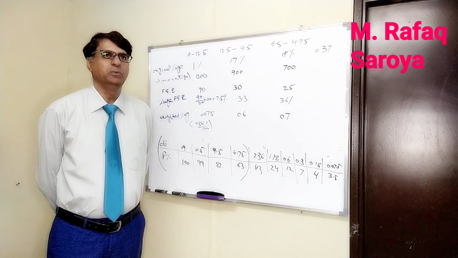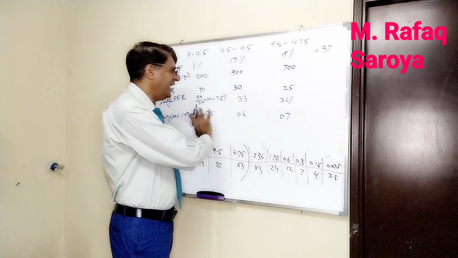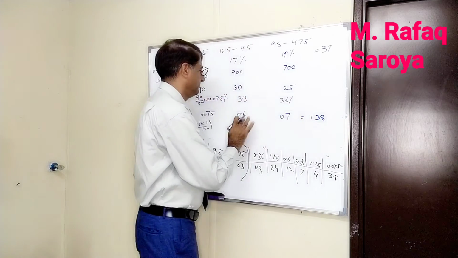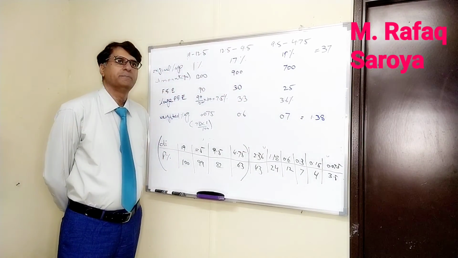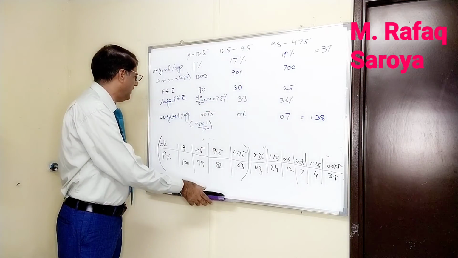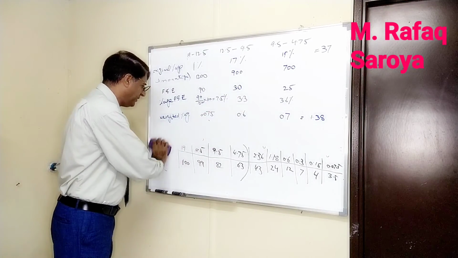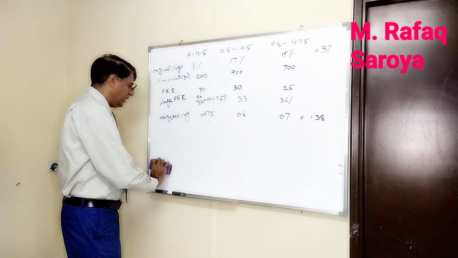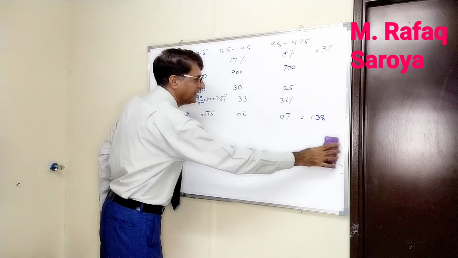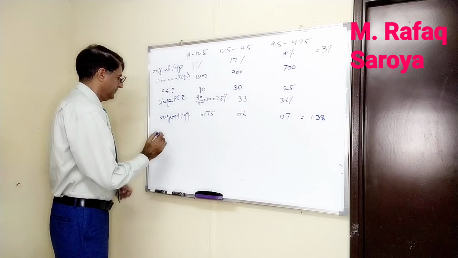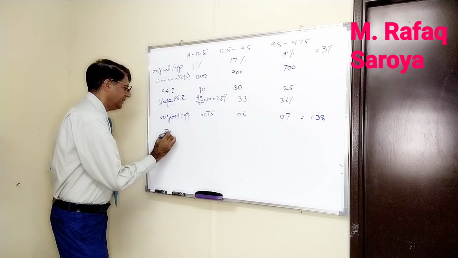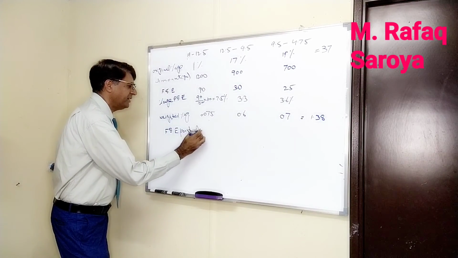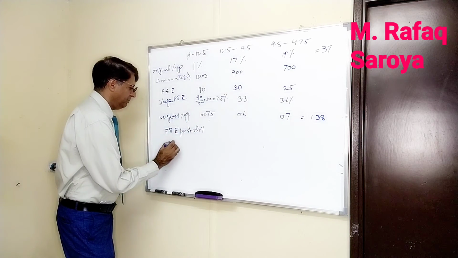When I add these values, after adding all these percentages, I am going to get 1.38. Clear? So, when I have calculated the weighted percentage, from this weighted percentage I would like to calculate the amount of flat and elongated particle percentage in the blend.